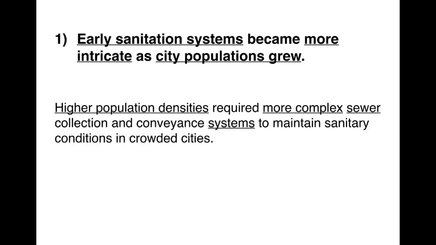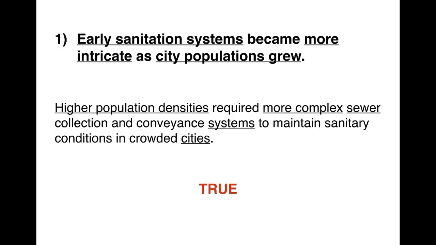We've got sewer systems, which is the sanitation systems again. And we've also got cities. So the high population densities are in the cities. So this must be true, because the early sanitation systems did become more complex as the cities grew.